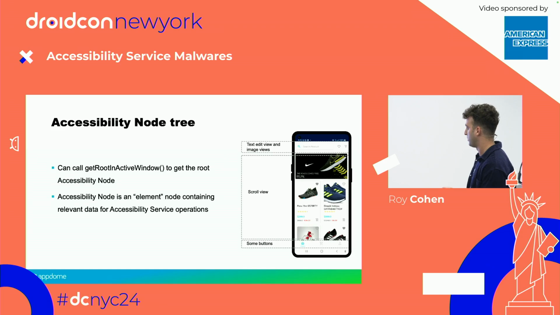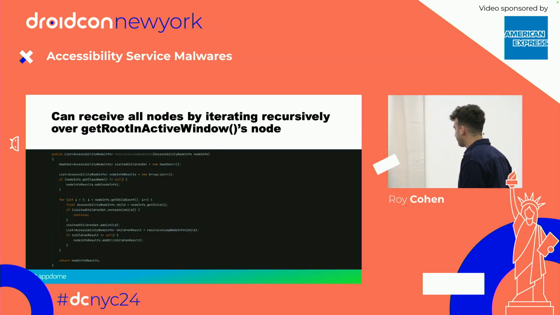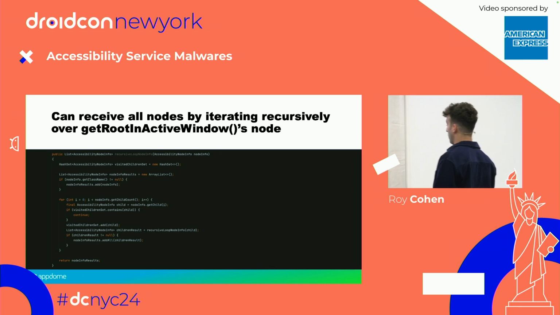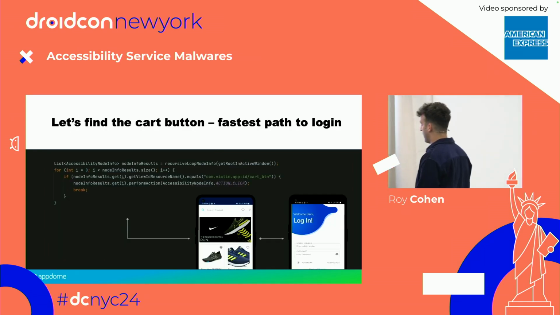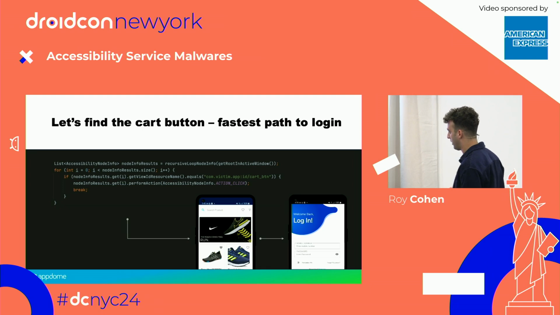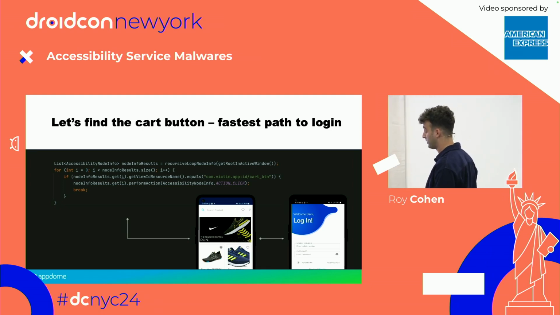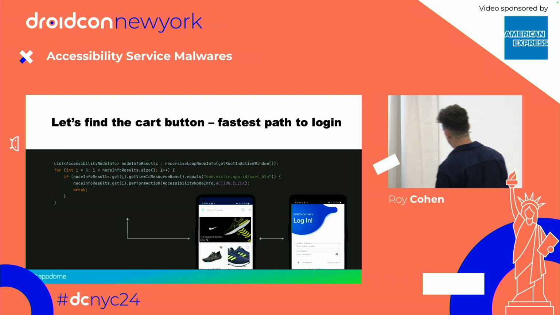I'm going to have it all. This is the way we're going to iterate on that, because we want to get all of the nodes in the tree. Now we're going to find one of the buttons that leads to the login the fastest way. Here it's the go to card button.